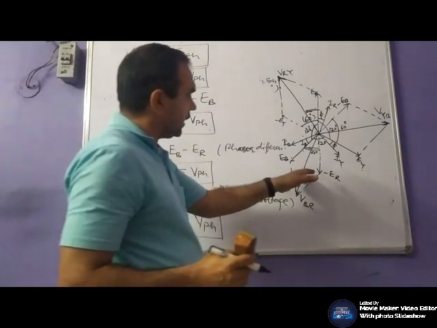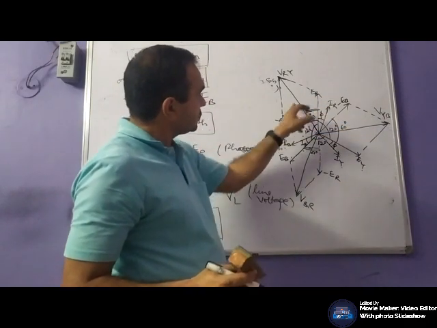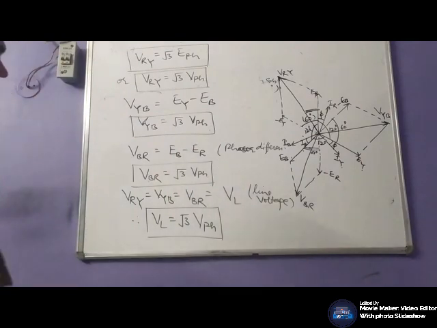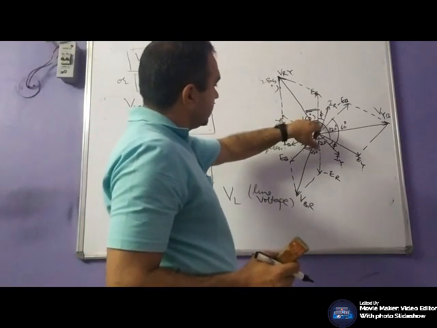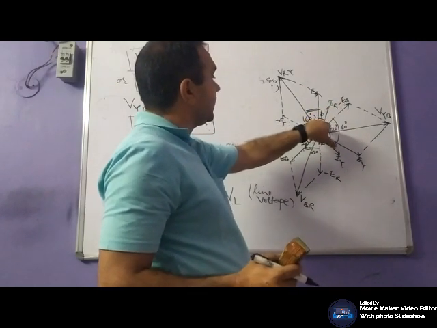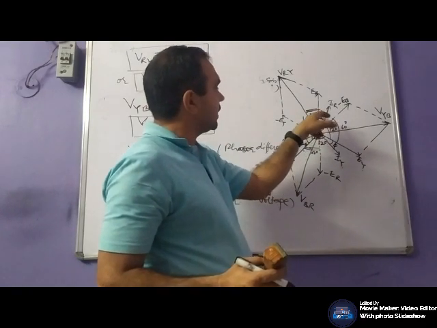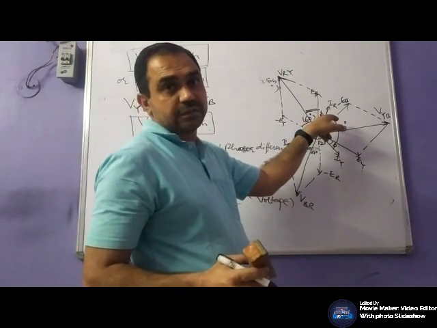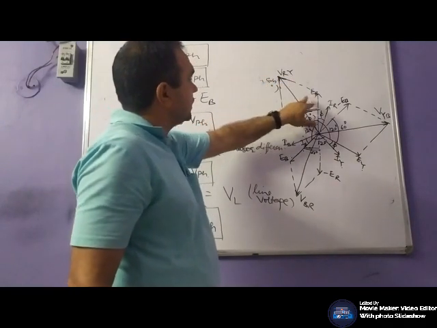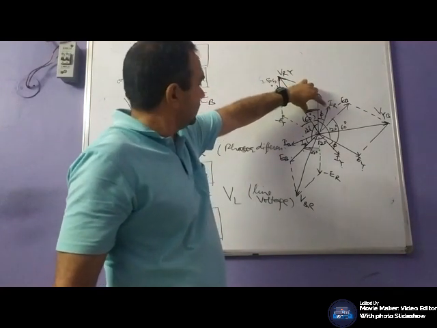Now you will observe that your line voltages also have a phase difference of 120 degrees. The line voltages differ in phase angle from the phase voltages by 30 degrees, and from the phase currents by 30 plus phi. All the line voltages and phase voltage difference is 30 degrees.